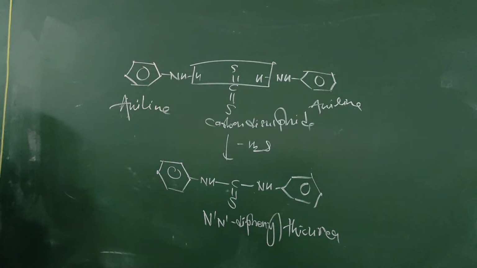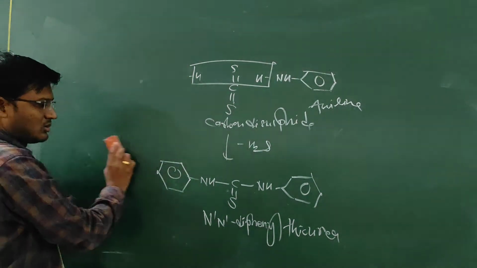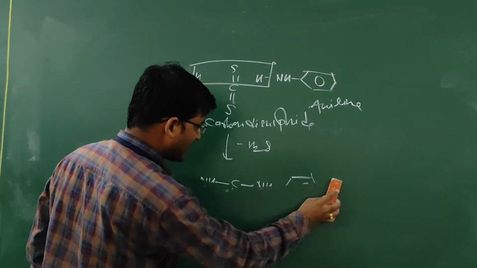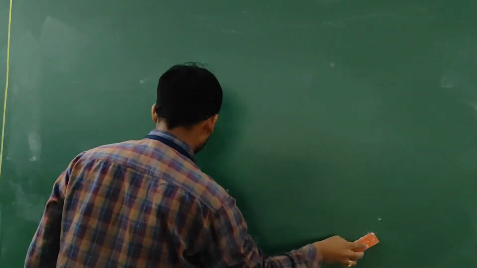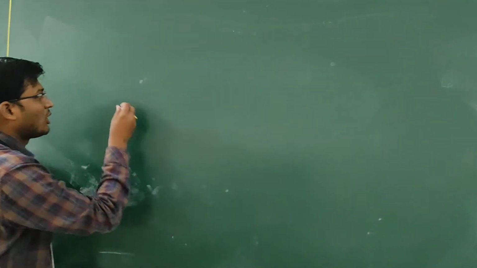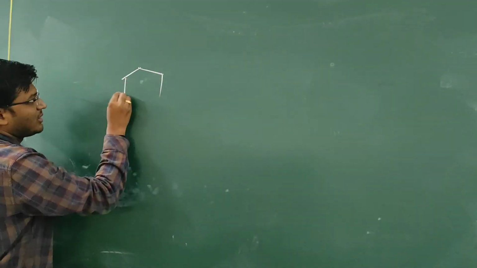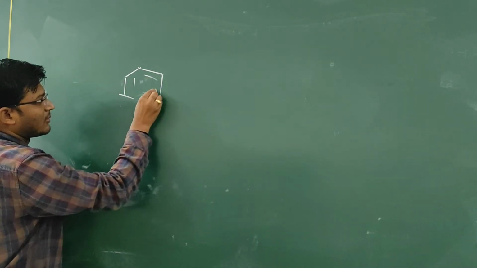Now, the electrophilic aromatic substitution in aniline. The aniline can show the electrophilic aromatic substitution. Now, the structure of aniline is like that.